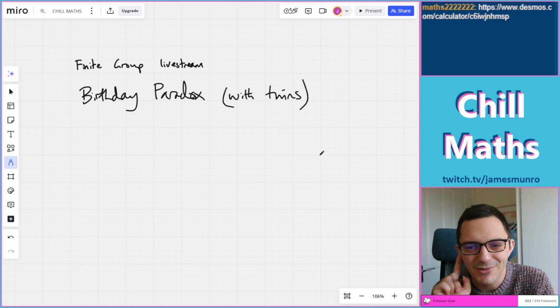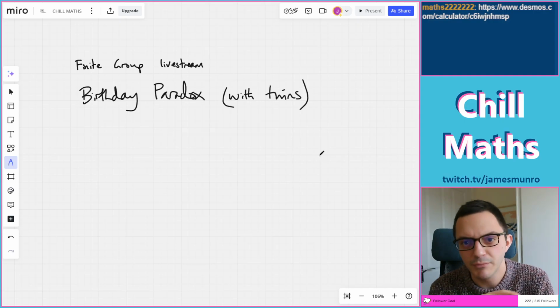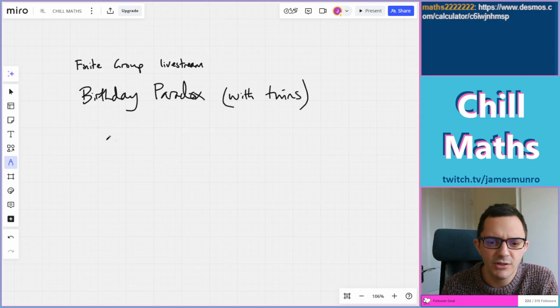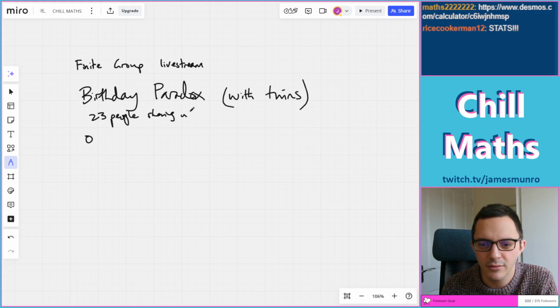Here's how the birthday paradox with twins works. Normal birthday paradox first. So normal birthday paradox is that thing about 23 people sharing a birthday. Not entirely like that, right? But sort of 23 people sharing a birthday.